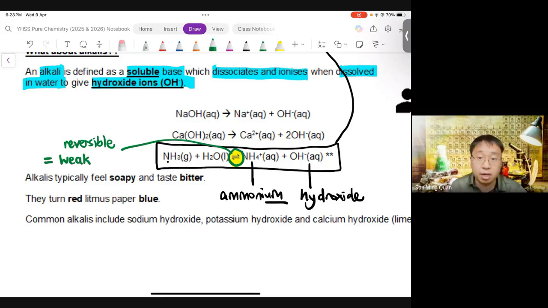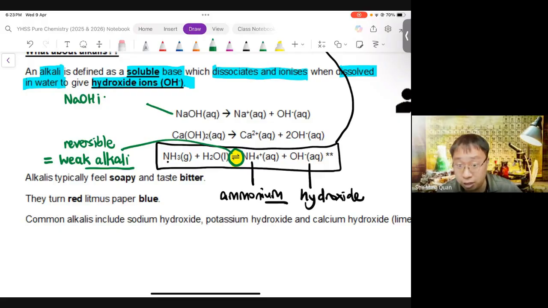So what is this? It's not a weak acid because it produces OH minus. OH minus, hydroxide, is a weak alkali. So ammonia is an example of a weak alkali, whereas sodium hydroxide clearly is a strong alkali.